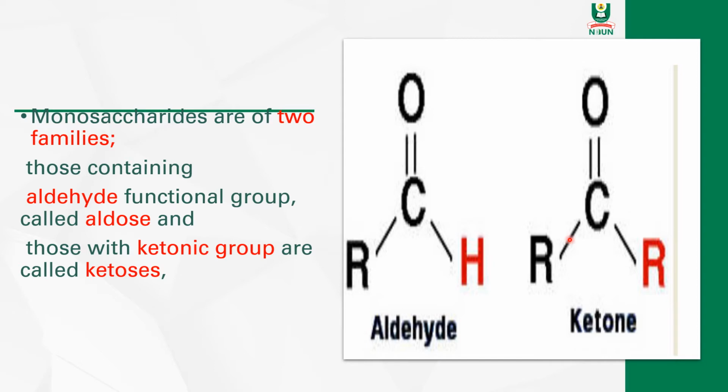If it contains an aldehyde, the carbon will be attached to an alkyl group, and the other end will be a hydrogen atom. Whereas if it's a ketone, you will have two alkyl groups attached to the carbonyl carbon. I want to believe you still remember what we mean by alkyl group. Check your chemistry in case you've forgotten. Learning is a continuous process.